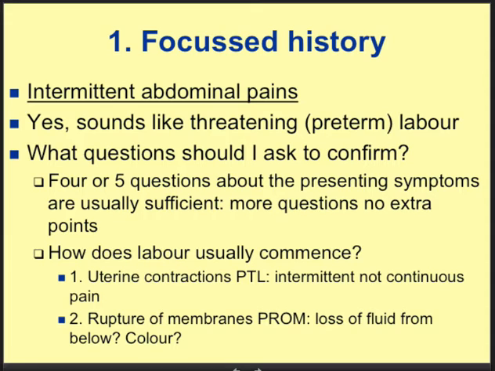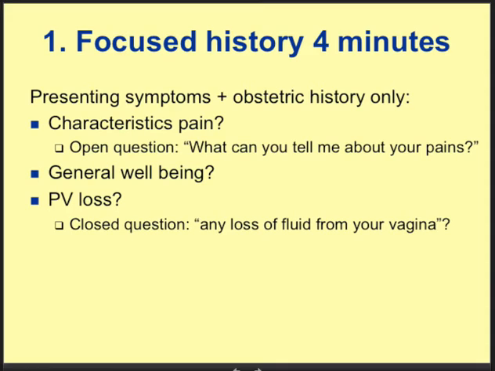So it's probably appropriate to ask her a few questions about possible fluid loss from her vagina. What are the characteristics of the pain? I suggest asking an open question because they are quite often very time efficient in an OSCE setting. The patient or volunteer will tell you all the details in response to your question.